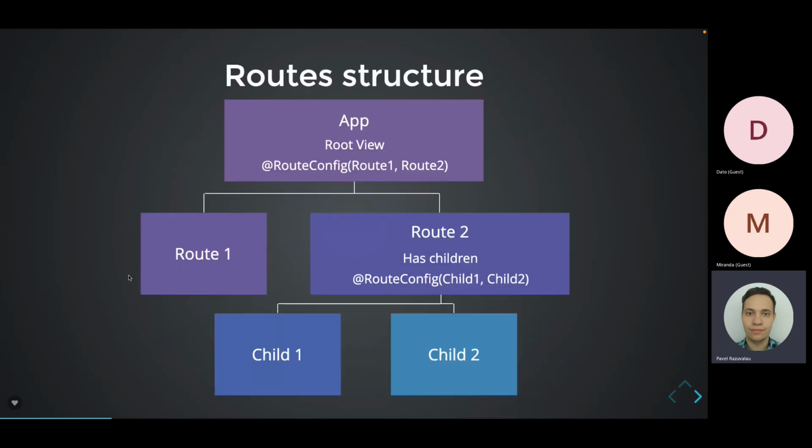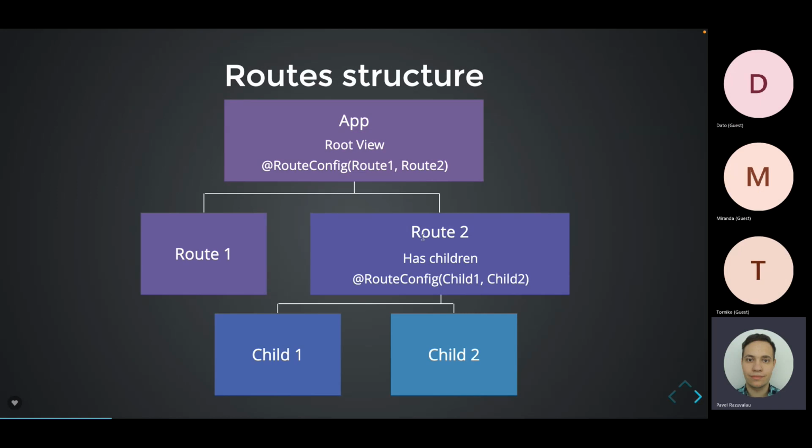This is the scheme that describes how we can create the structure of our app in terms of the routing. As you can see, this tree could be endless in terms of the nested views.